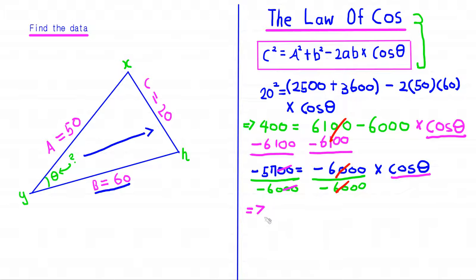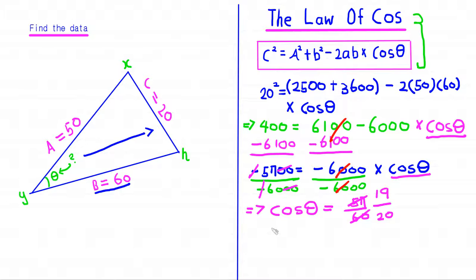I'll write cosine theta first because it is the thing that I wanted to find. Cosine of theta is equal to negative 57 over negative 60. The negative signs cancel out, and we get 57 over 60. But we can simplify further by dividing by 3.